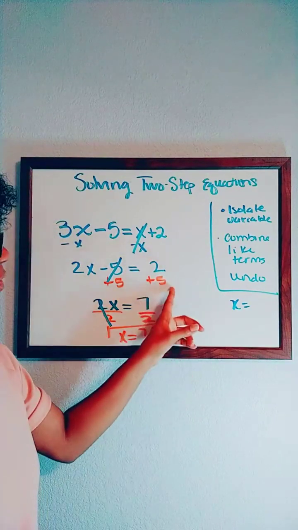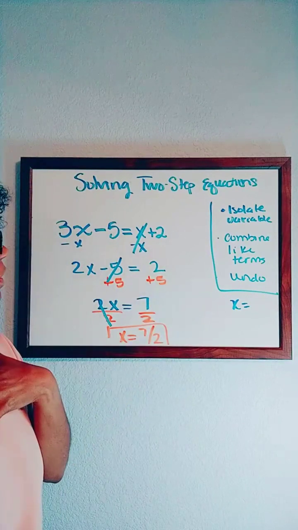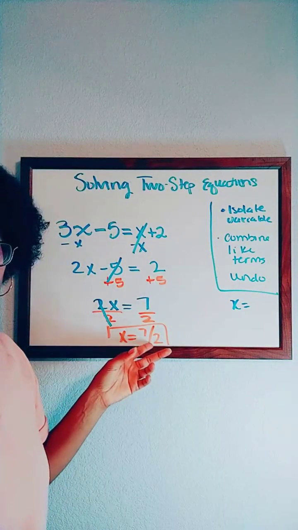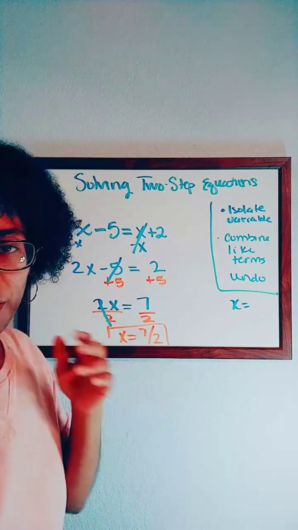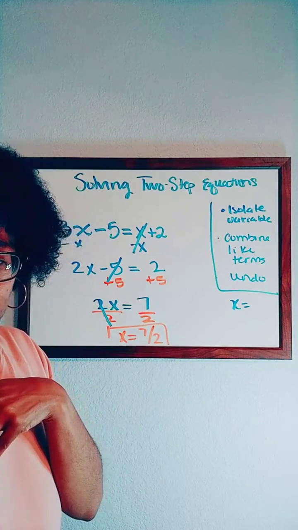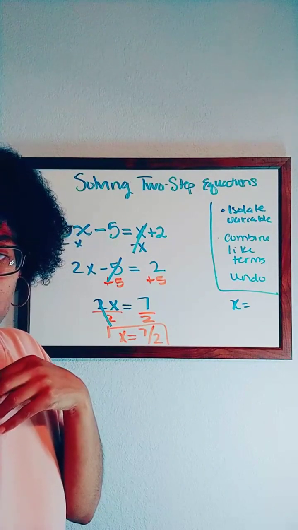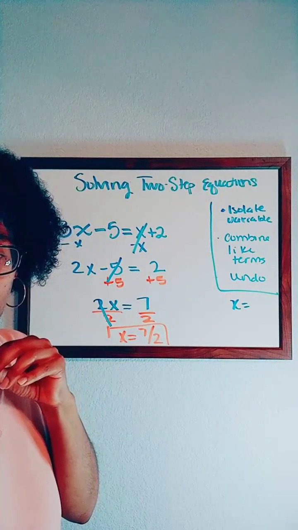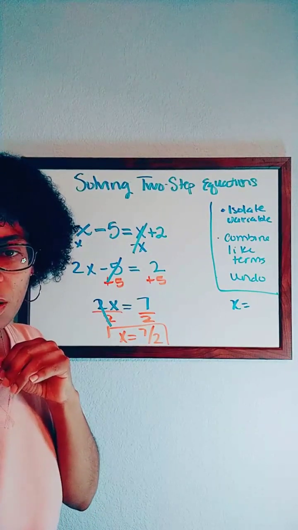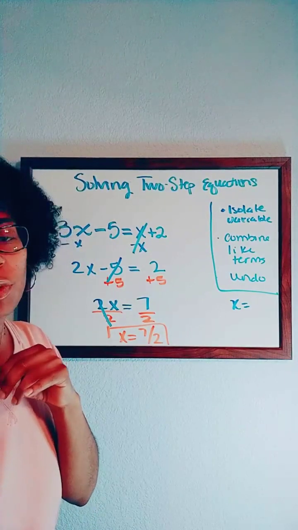Yep, because we did 2 plus 5. Did I do something wrong? No, that's right. So 7 over 2. How you get 31? 31 over 2. Did you multiply something? Oh, you can do 3 1/2.